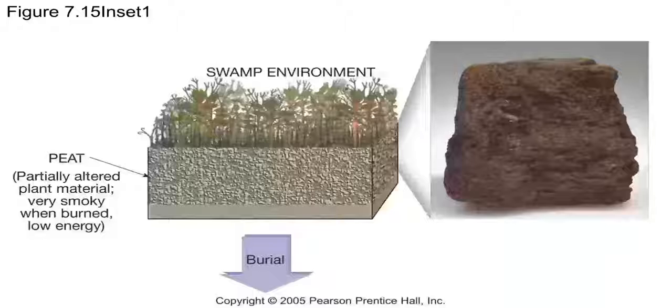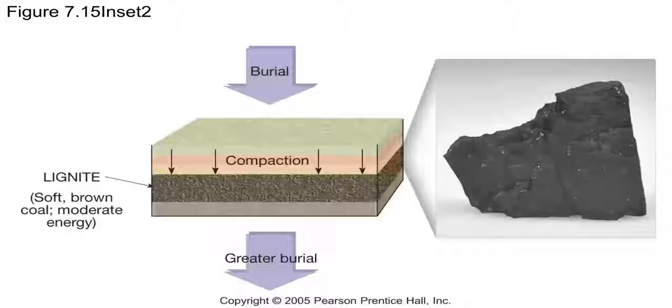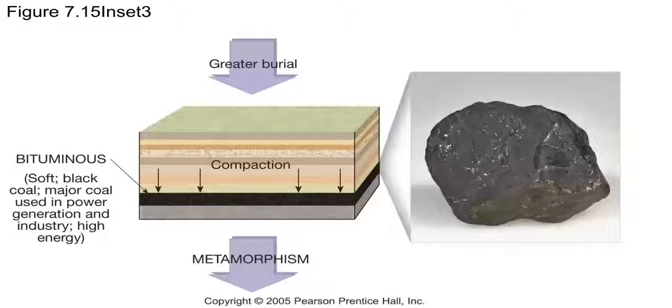Formation process number one was deposition, burial, compaction, cementation. With the formation of coal, we just use two of those terms. We use burial, so that plant material is buried. Over time, the weight of the overlying sediment causes compaction. And eventually, with a lot of burial, we get bituminous coal to form.